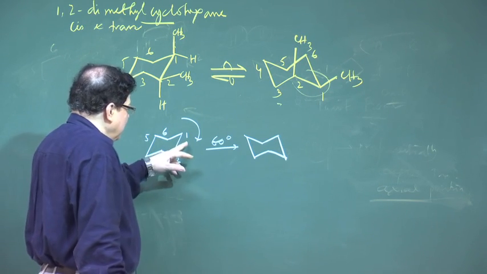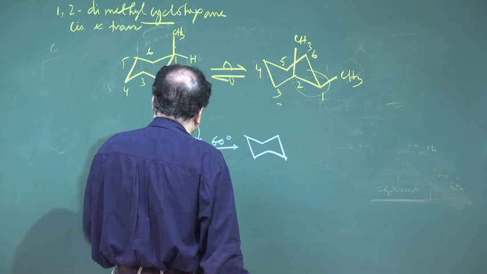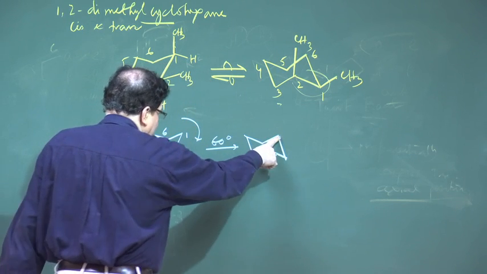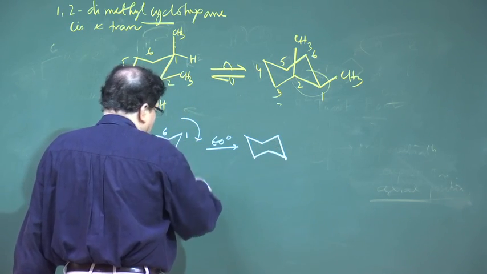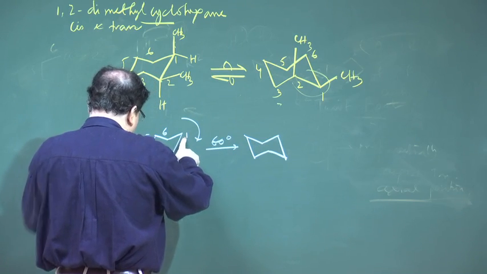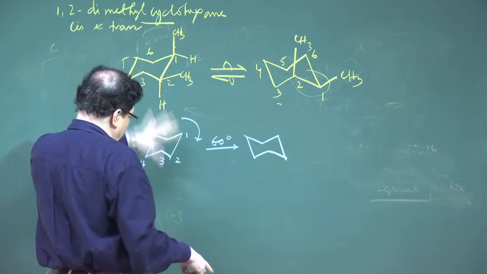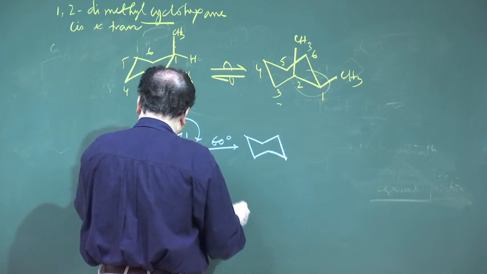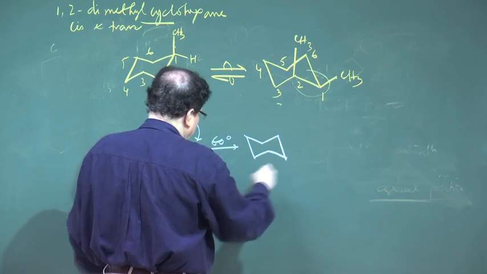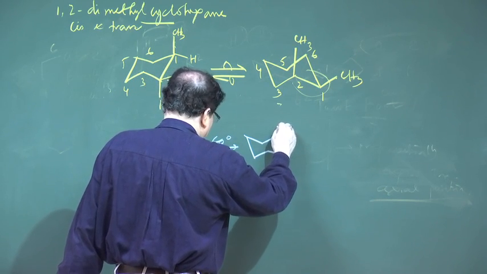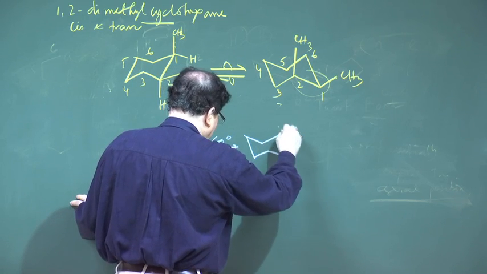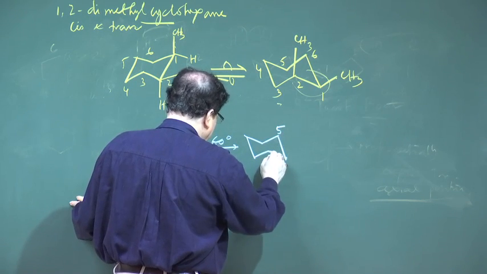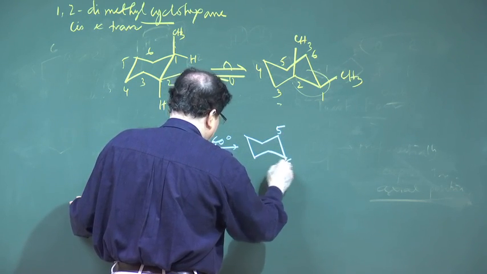Okay. So, now see, 1 can never be at the bottom carbon. 1 is always 1, 3, 5, at the top carbons. Okay. So, what happens here? Now, you have pushed the whole thing 60 degree. So, you have 5 here and this is your 6 and this is your 1.